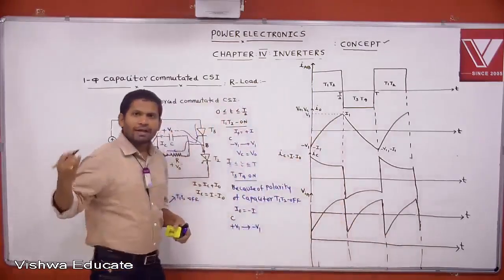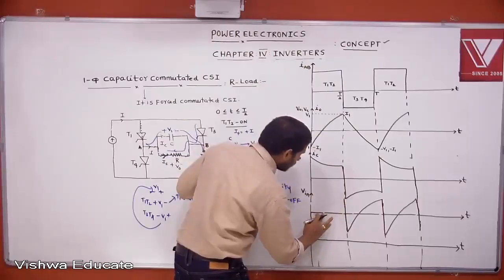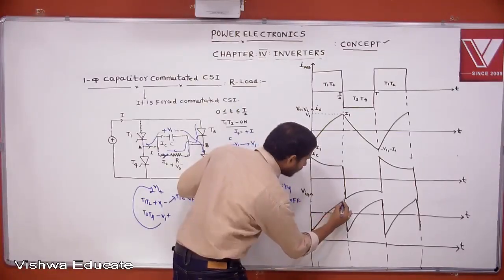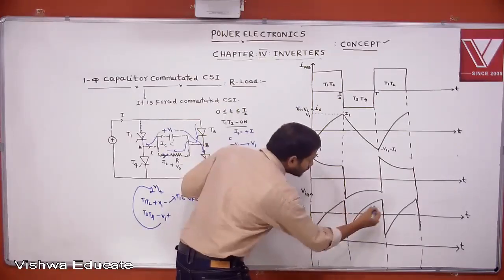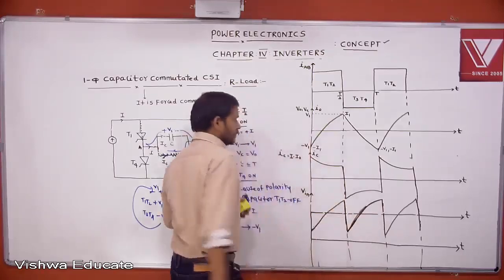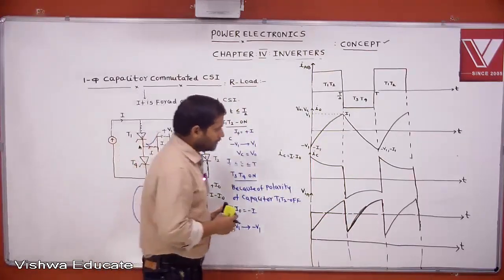Just like what I explained for the purely capacitive load also, we know one cycle of output, with respect to input it must be 2 cycles. Yes, this is the V in waveform.